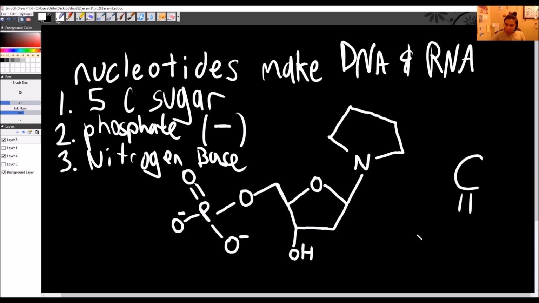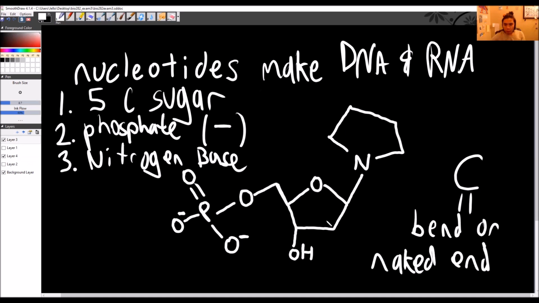So a carbon is represented by a bend or naked end. So this bend over here, there's a carbon there, along with this one, there's a carbon there. Now this end over here is not a carbon because it is not a naked end. There's an oxygen there. This carbon is bonded to this oxygen.